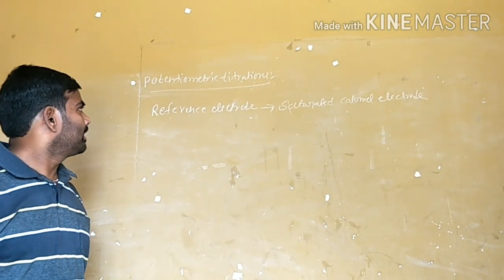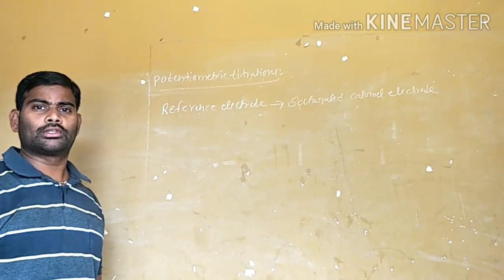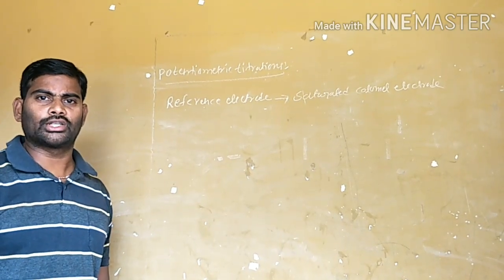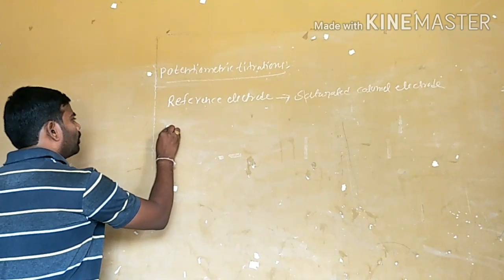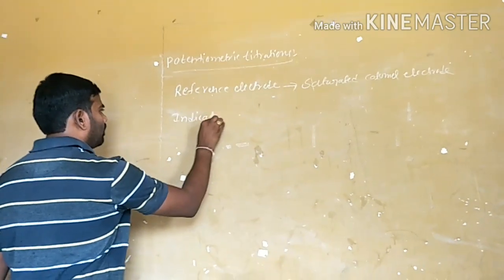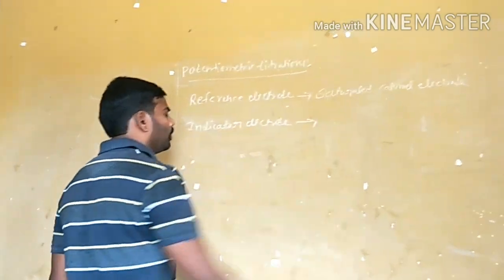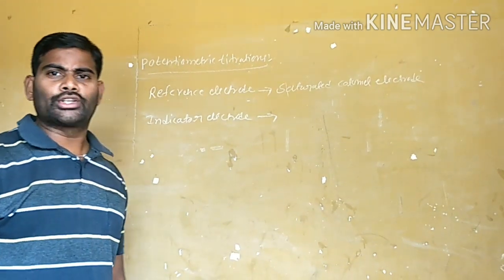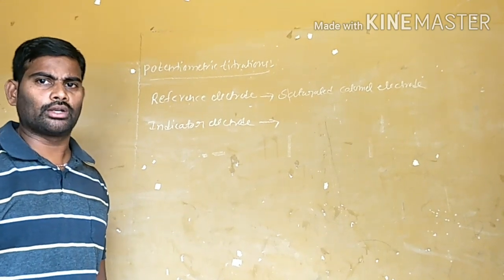We take it as a reference in potentiometric titrations because its potential will not change by changing the concentration of the solution. The second electrode we take is an indicator electrode, whose potential value changes with the change in the concentration of the solution.